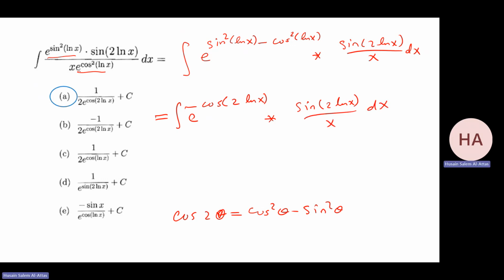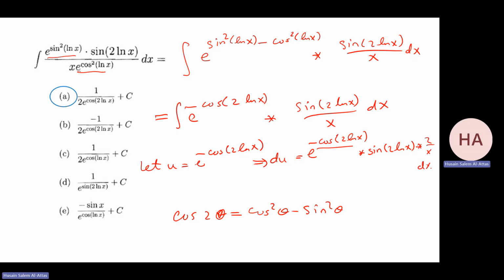So now I let u be what I wrote before, minus cosine 2 ln x. So it will be du. It will be e to the power of this, times the derivative of this, which is sine 2 ln x, times 2 over x dx. So I need 2 somewhere and half outside.